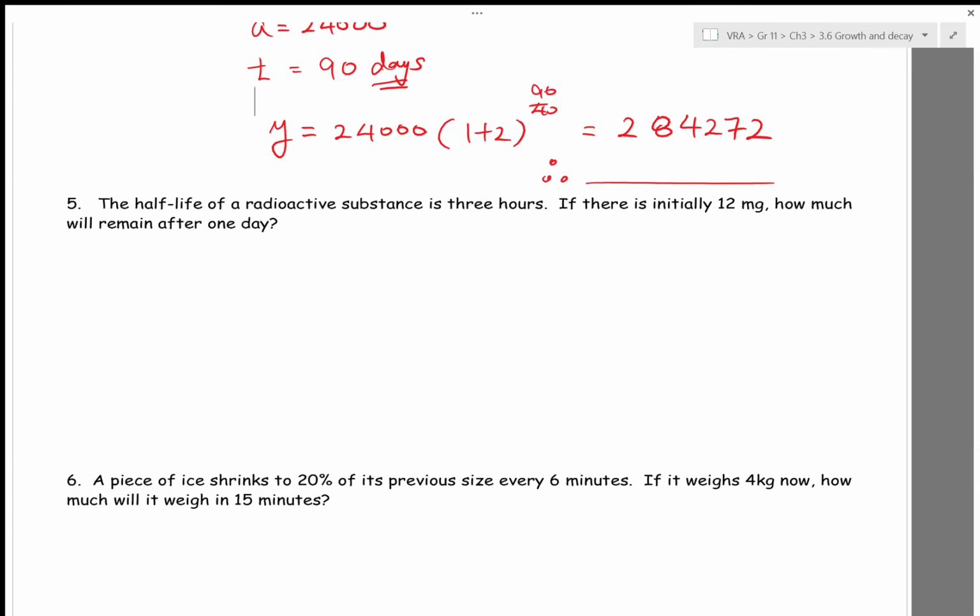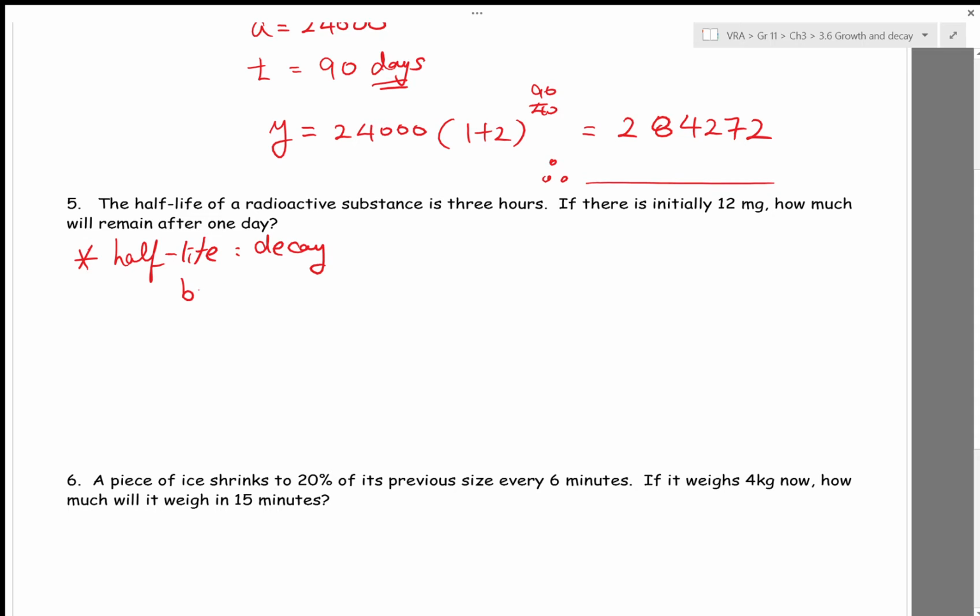Now number 5. Now number 5 says half-life. One note that you have to make: if it says half-life, it means your initial value decreases by half every time. So it's the decay, obviously.